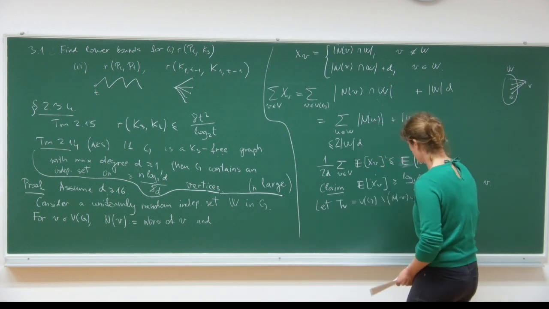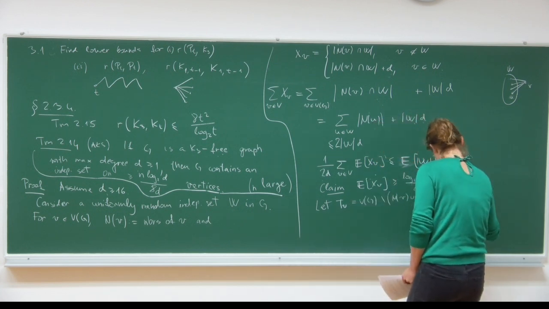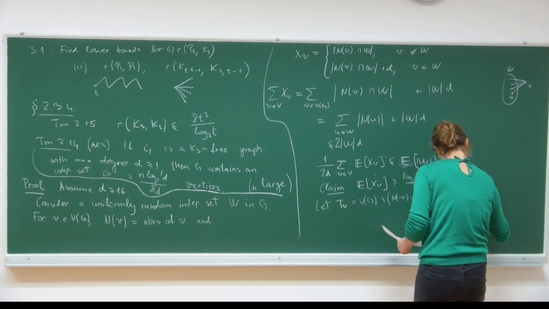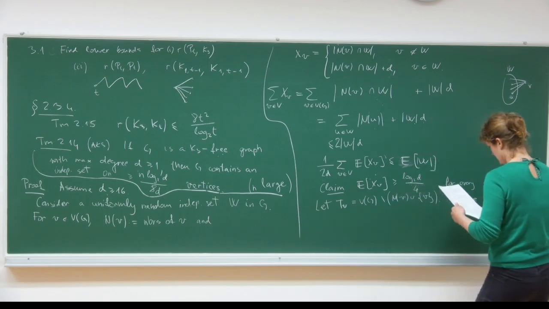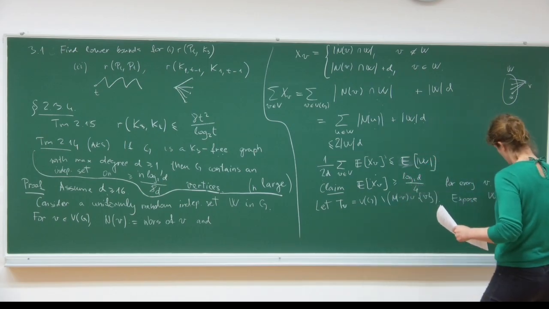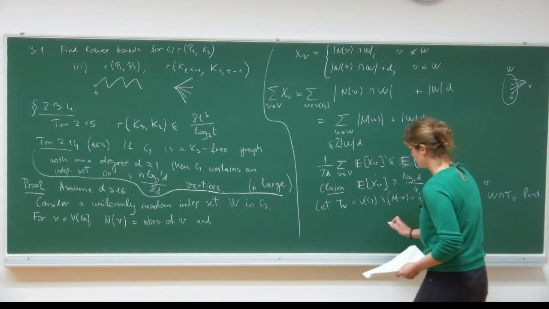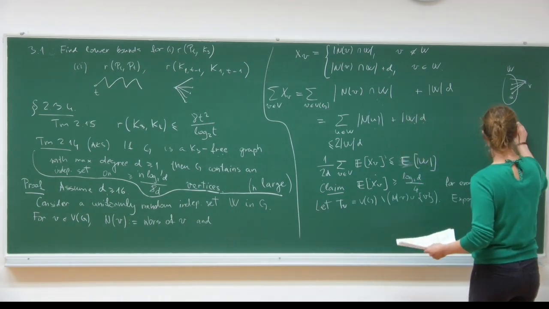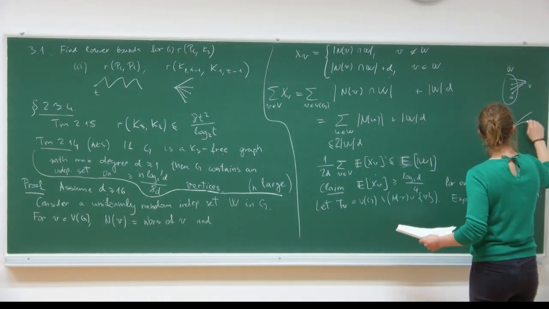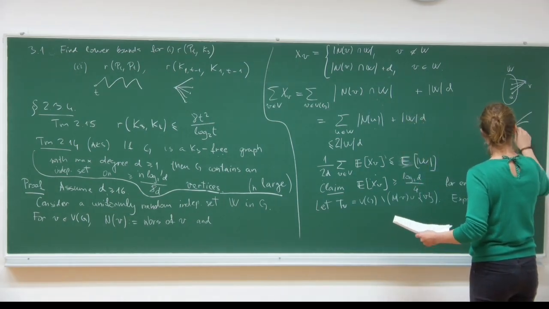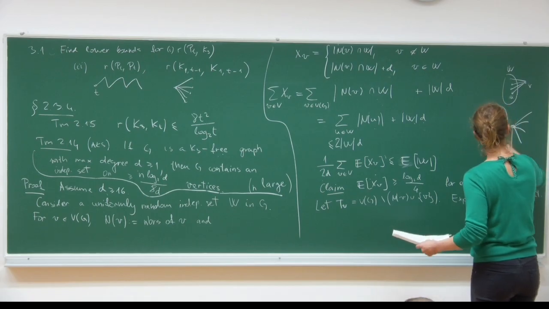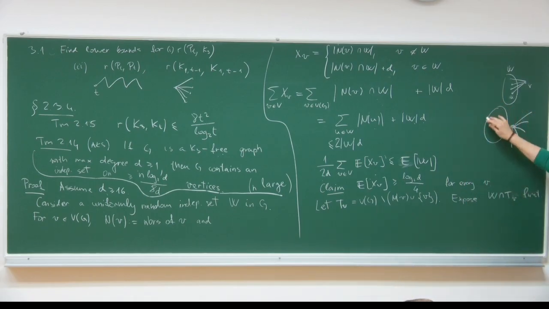And we'll expose W intersect TV first. So if this is v, these are its neighbors, and these are its non-neighbors, it means that I will expose all the W vertices in here.